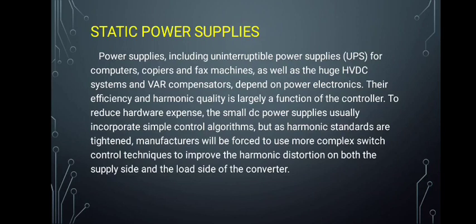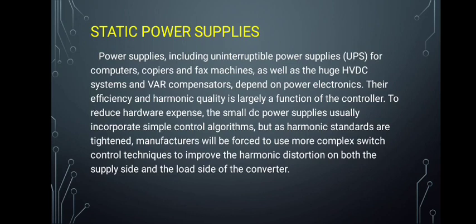The next one is static power supplies. Power supplies, including uninterruptible power supplies or UPS, for computers, copiers, and fax machines, as well as huge HVDC systems and VAR compensators, depend on power electronics. Their efficiency and harmonic quality is largely a function of the controller.